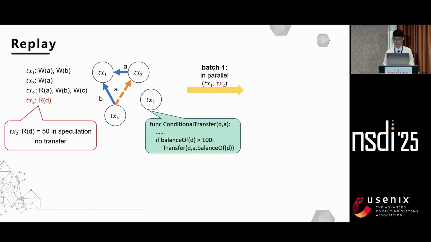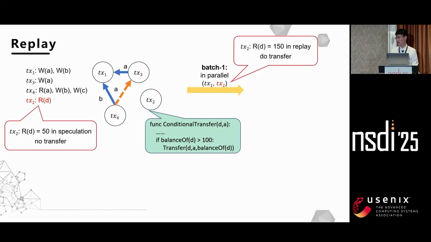They can be executed in parallel. We assume that in the previous block, some transaction updated D to 150, which is not observed by TX2 during speculation, but it's observed during replay. Then the execution result of TX2 has changed. It additionally writes key A and key D. So TX2 is invalid and needs to be re-executed.